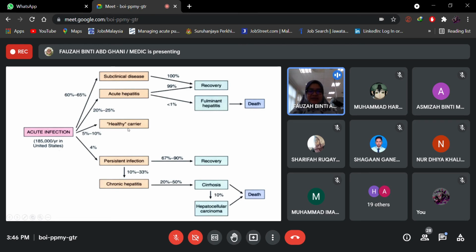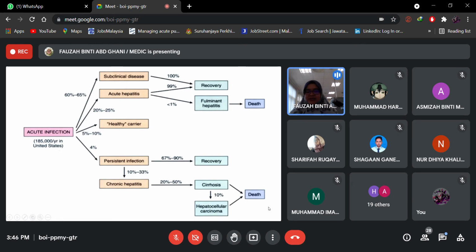Some will persist and become healthy carriers, and about 4% will have persistent infection leading to chronic hepatitis, and about a quarter to a half of the cases will develop cirrhosis.